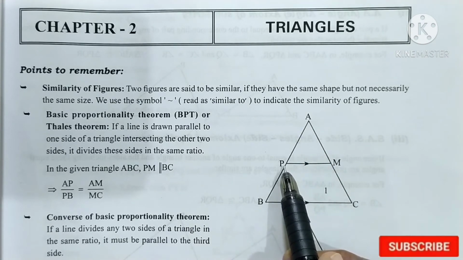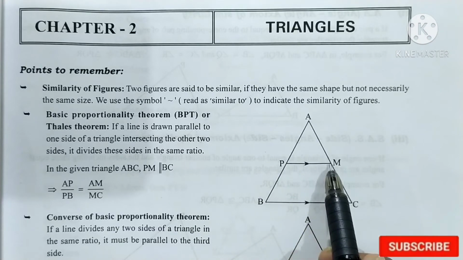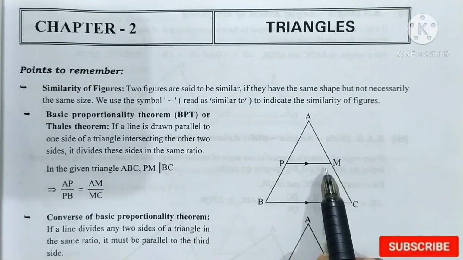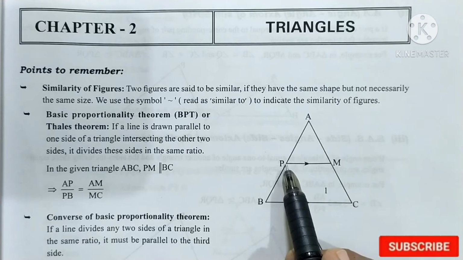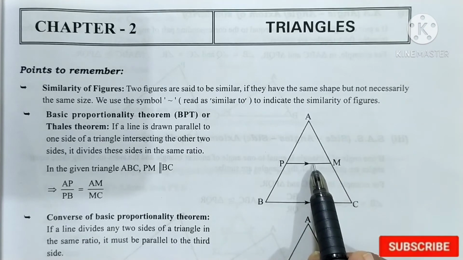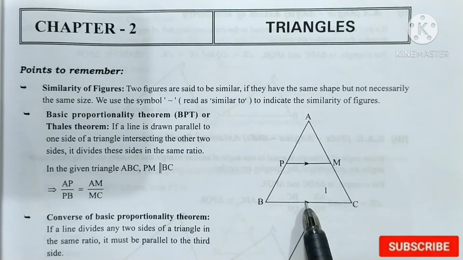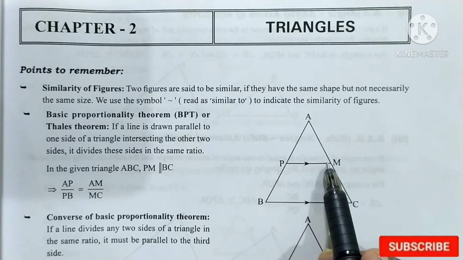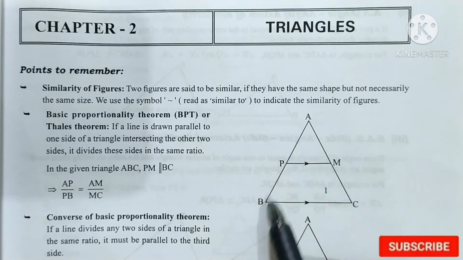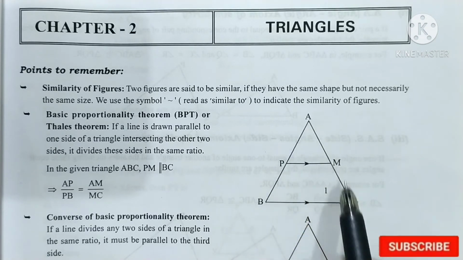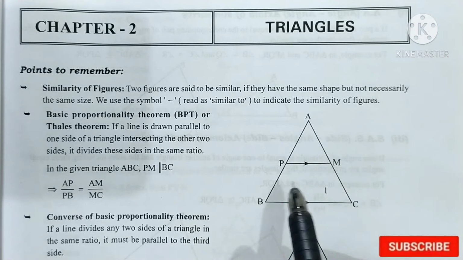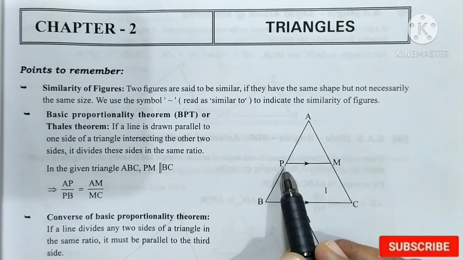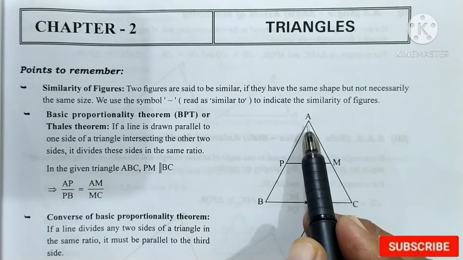Here the line PM is parallel to line BC, intersecting the other two sides AB and AC. It divides these sides in the same ratio, same proportion.